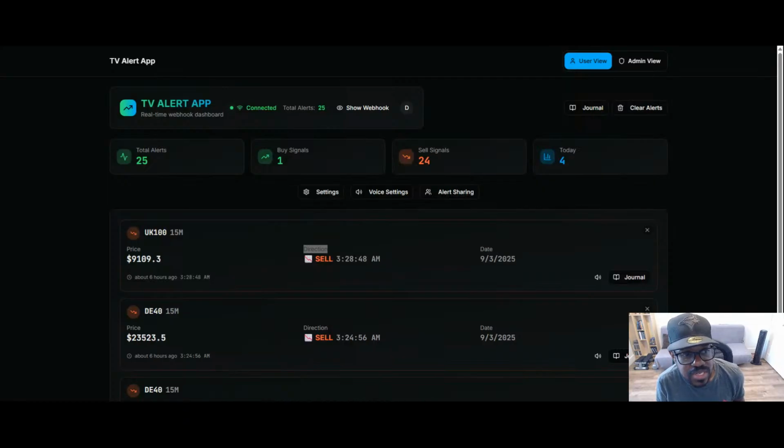So this is the alert system here. And as you can see, we had a couple of alerts today, a few sell setups here on UK 100 and the German 40, so DE40.